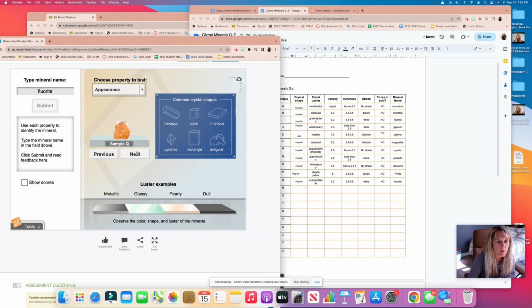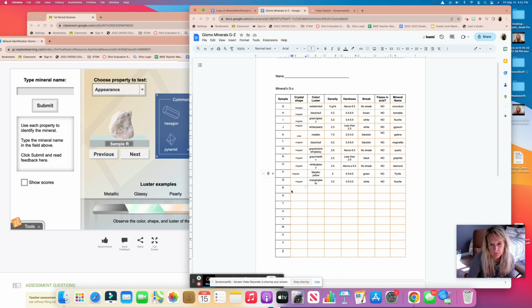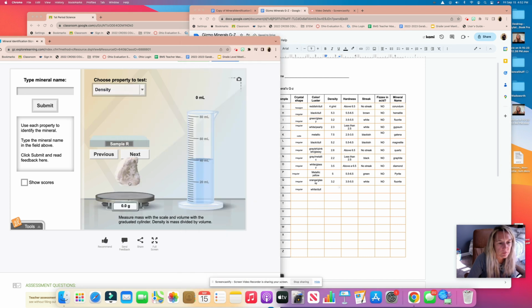All right, appearance. R is next. R is non-metallic, pretty dull, white, dull, and irregular. Let's do density. Mass is 64.8 divided by volume of 24 gives us 2.7.